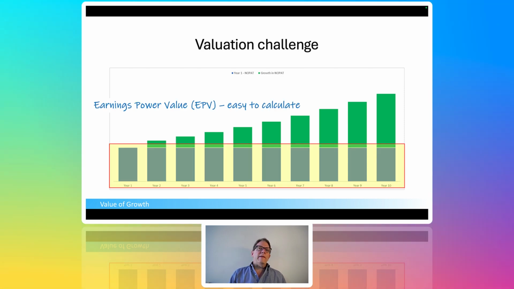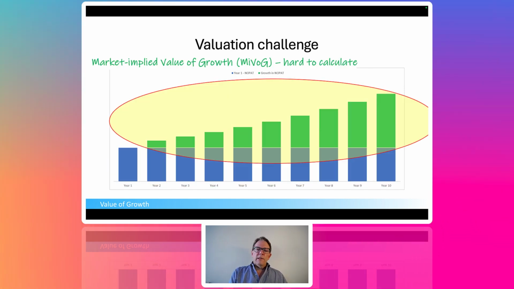All right. Now we know earnings power value is easy to calculate. Because it's so easy, it's worth doing. Separate the problem into two. Why not? Earnings power value is trivial to calculate, and then the burden of the valuation challenge is on market-implied value growth, that future growth. We're going to use this tool in the PE world momentarily.